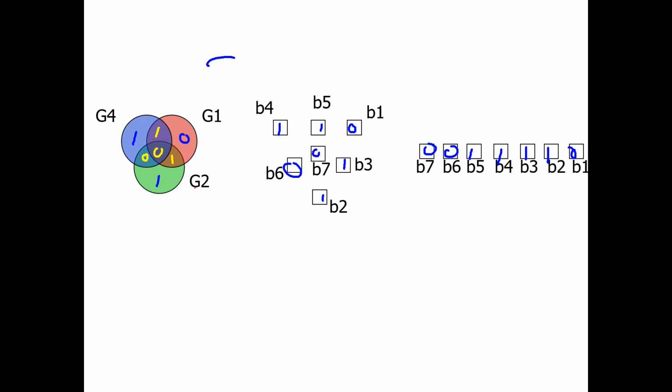For example, if this bit has an error, that means the receiver may get 0 here. So what happened?